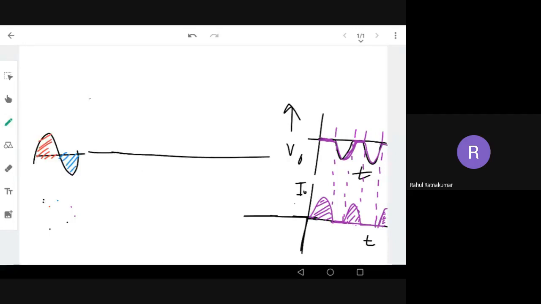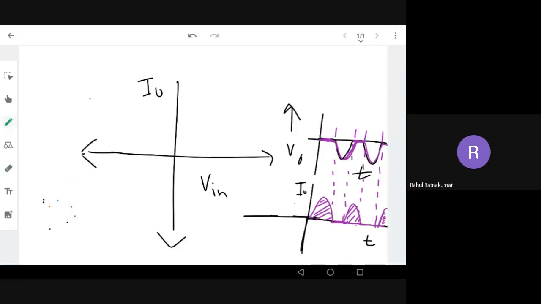Your y-axis will be I output, x-axis will be V in. So when the input V in is positive, I'll draw V in also on the top. This is the exact point, it's touching the bottom wave.